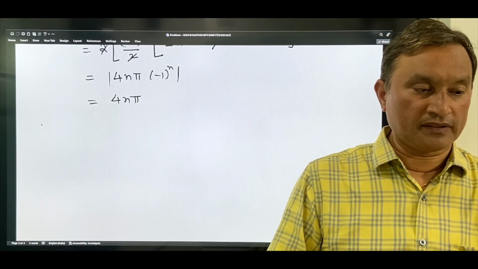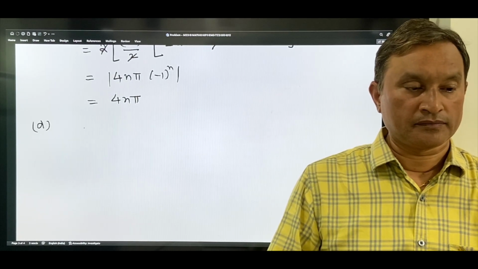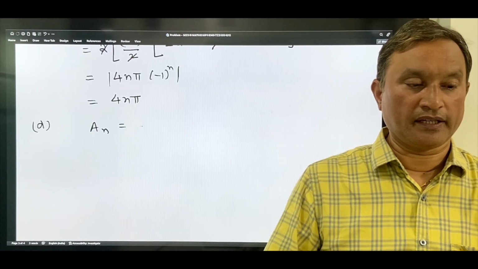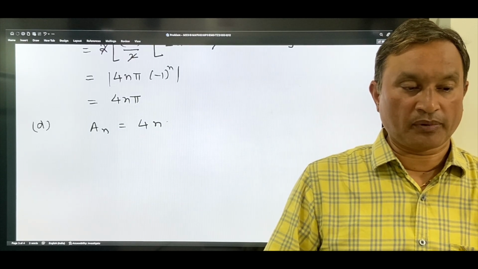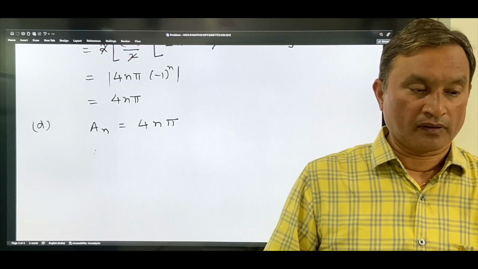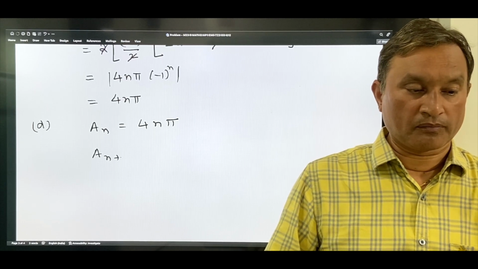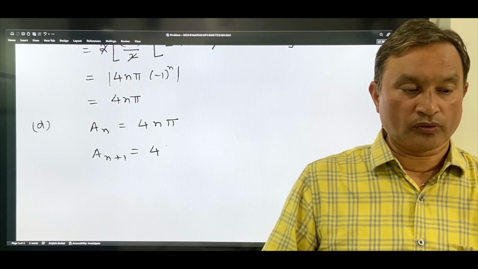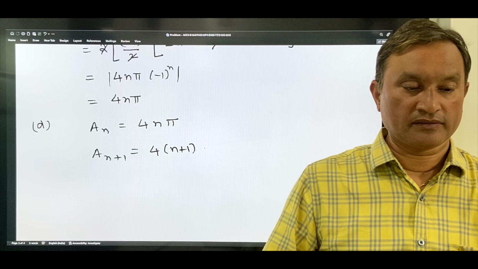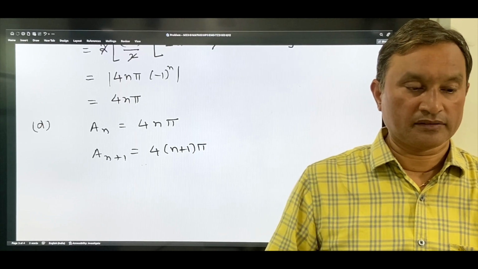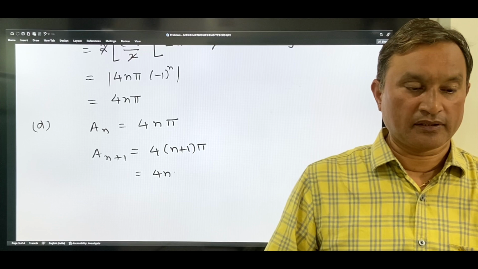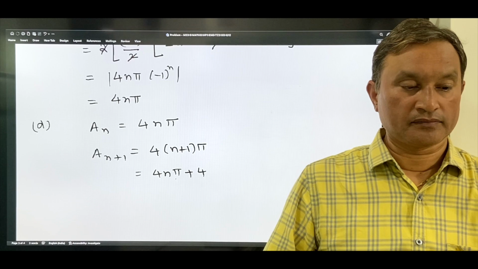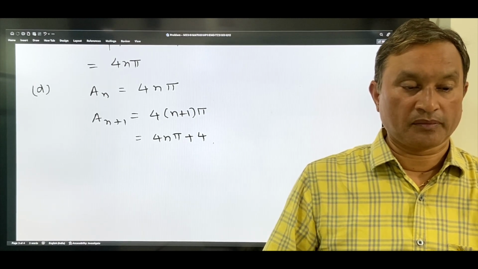So in D part, this is the area An is 4n pi, A(n plus 1) would be 4(n plus 1) pi, which equals 4n pi plus 4 pi.